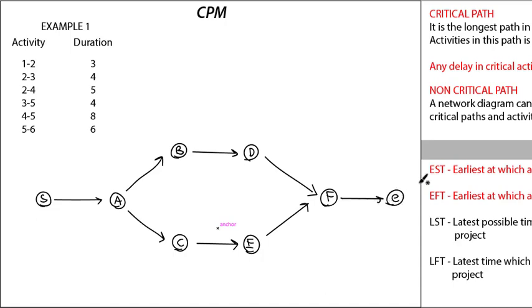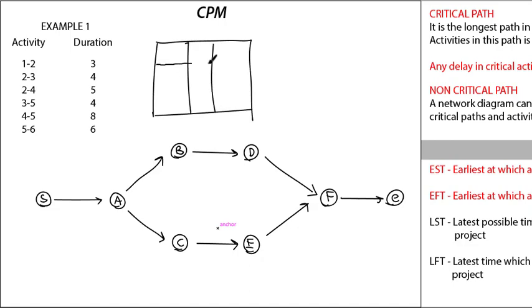For representation of activity on node, it will be something like this. There will be a box on every node, with 3 columns and 3 rows. In the top corner there will be early start time and early finish time.